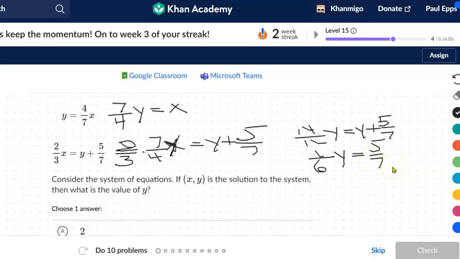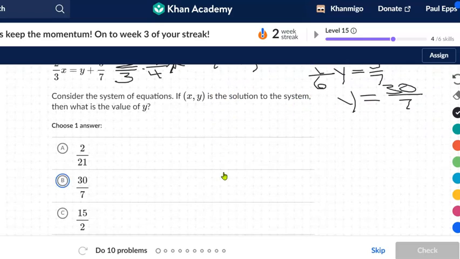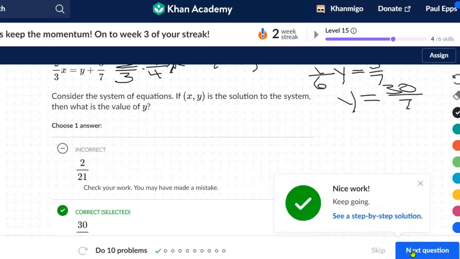Multiply both sides times 6, and we have y equals 30/7. All right, and that is one of the answers, B, 30/7. So I think that's the one that we want to go with.